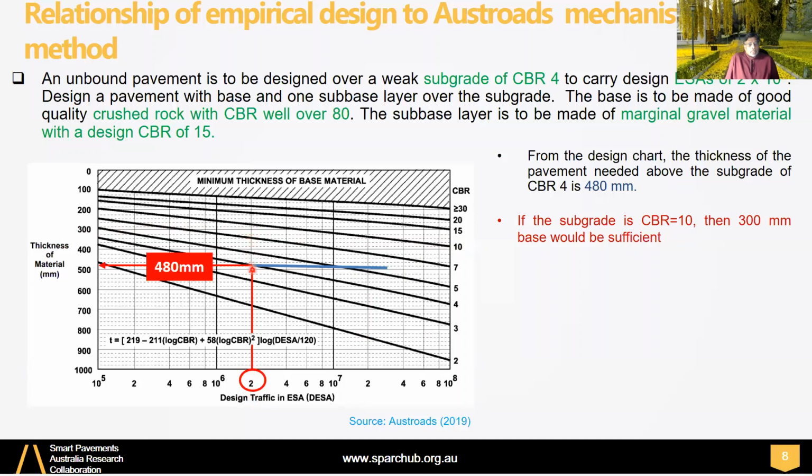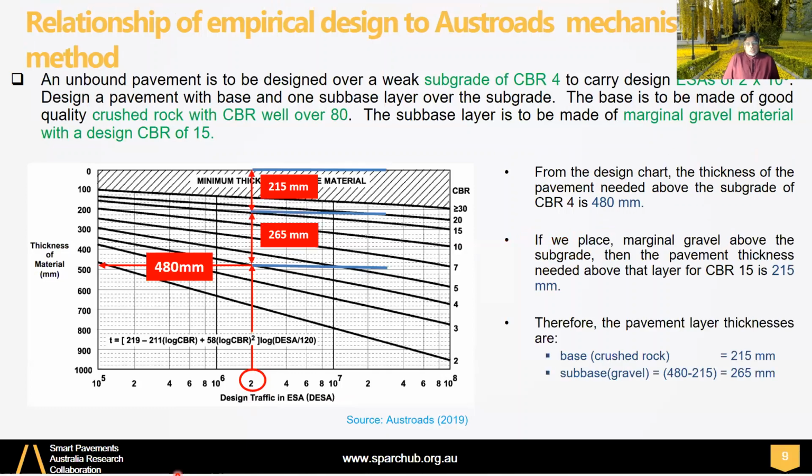If you estimate it to be 2, then you have to have 480 millimeters. If you estimate it to be 10, you will have 300 millimeters. So that makes a big difference in cost and so on. So that tells us that CBR characterization would be a valuable thing to do for the climate and the type of pavement being considered.